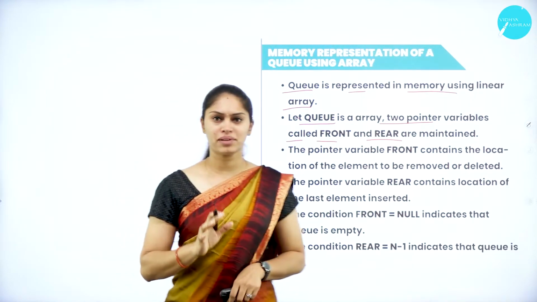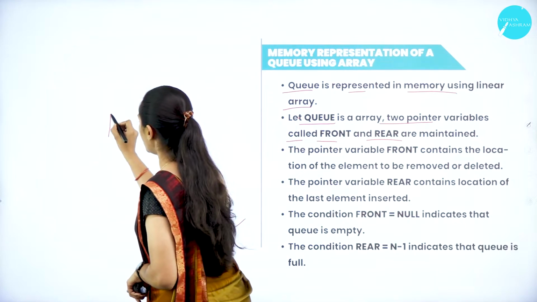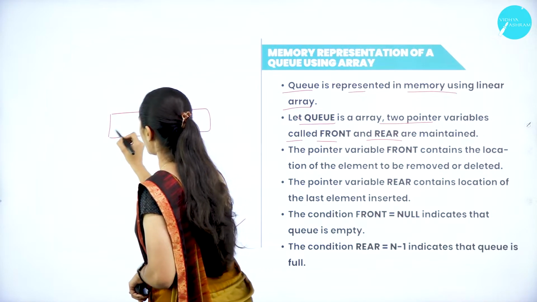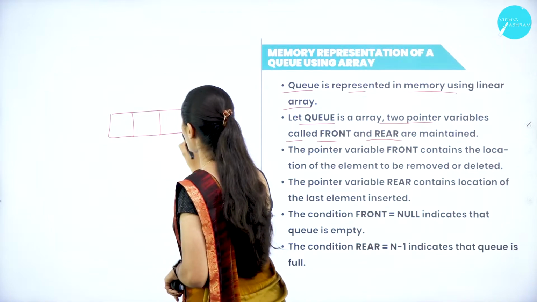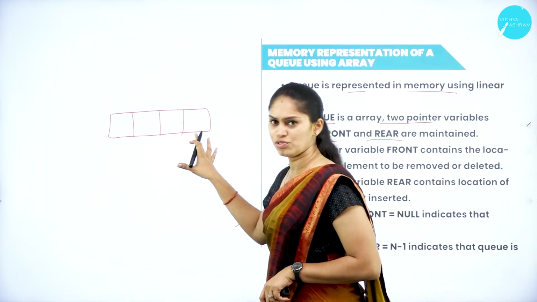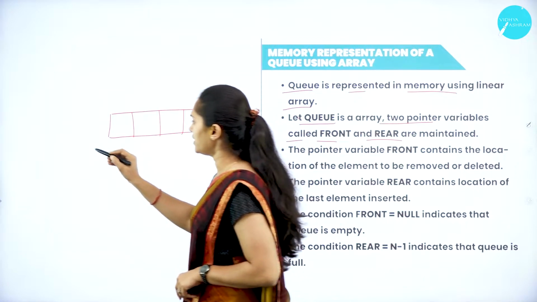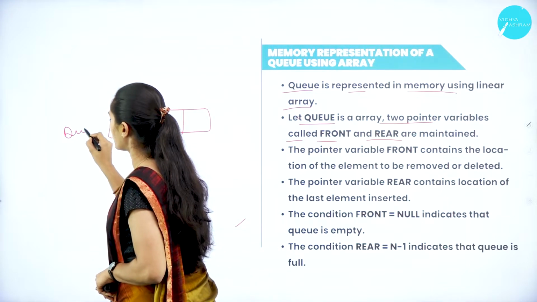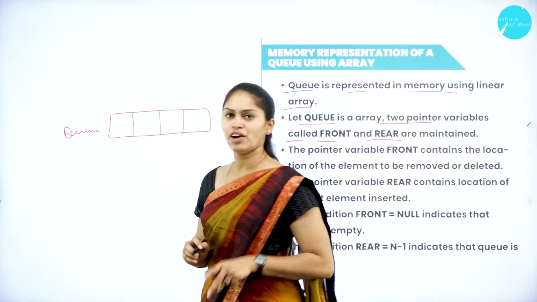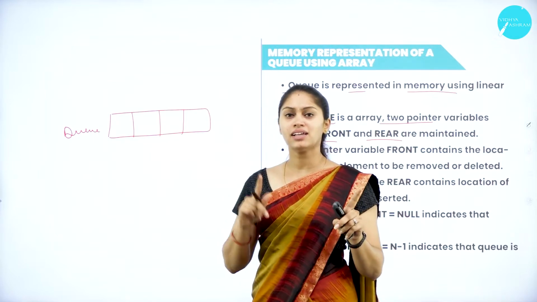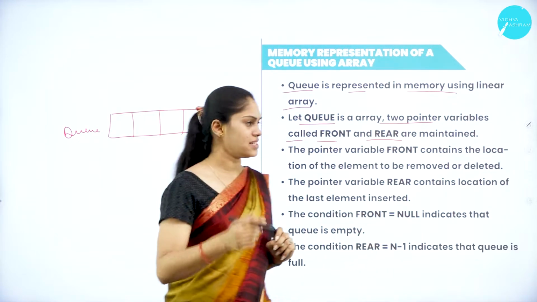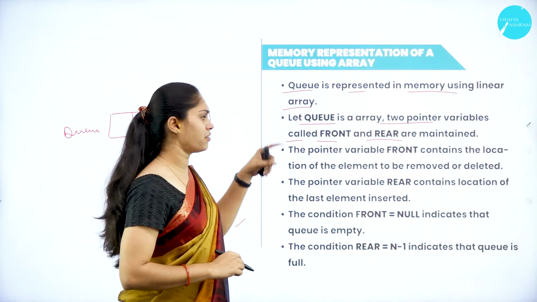Okay, so I am creating one Q that is a linear array. I am creating one Q which has 4 elements as of now. I am going to call this Q. Next I have two pointers, one is front and another one is rear. So now we'll see what this front and rear are going to do.